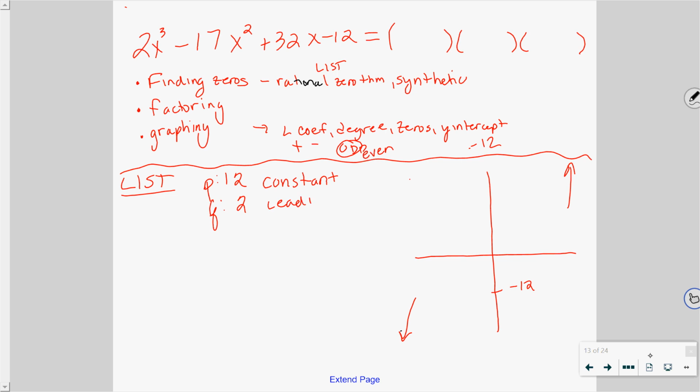That's our leading coefficient, right? Yes, very good question, right? So I don't care there's a subtraction sign in front of that because at the end, I'm going to go positive, negative.